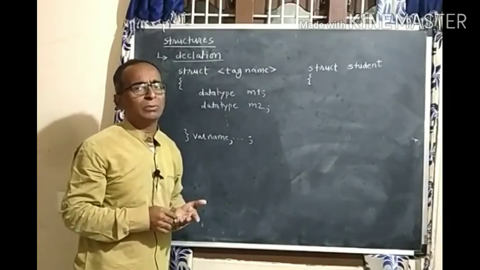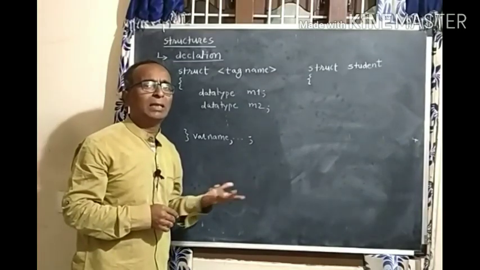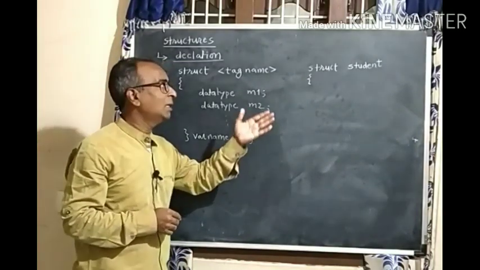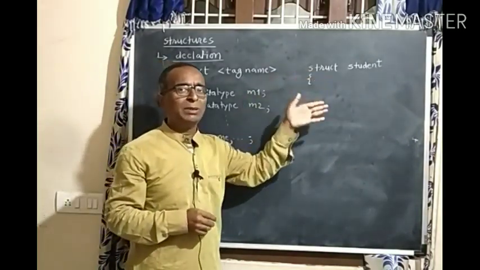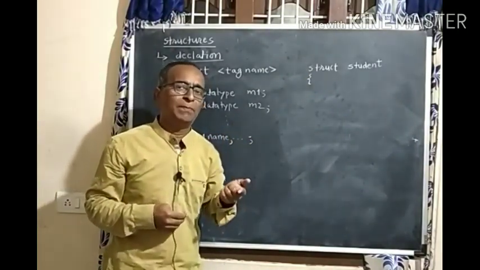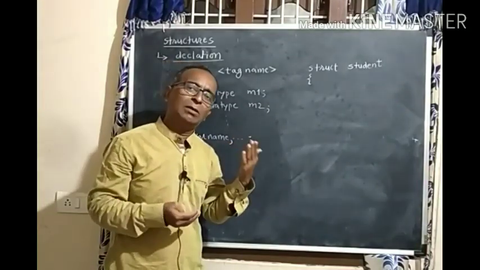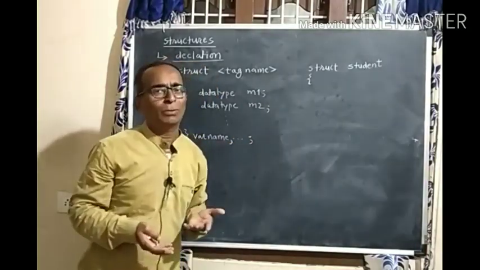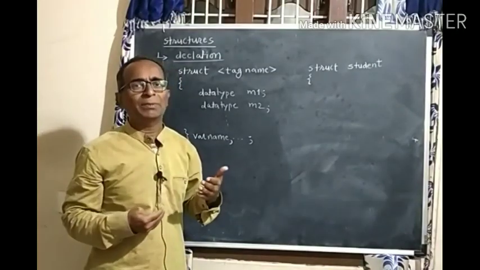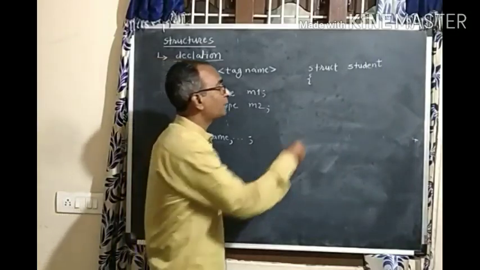If we want to store that student's information, we cannot use arrays there, because student's information contains different data types, such as roll number might be integer, then name might be a string, then percentage might be a float. So different data types are there. So structure can be used in that case.